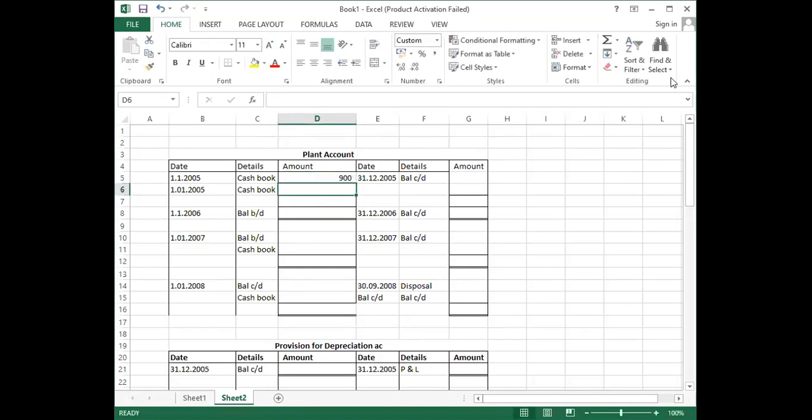In year 2005 again, on October 1st, we bought another plant.